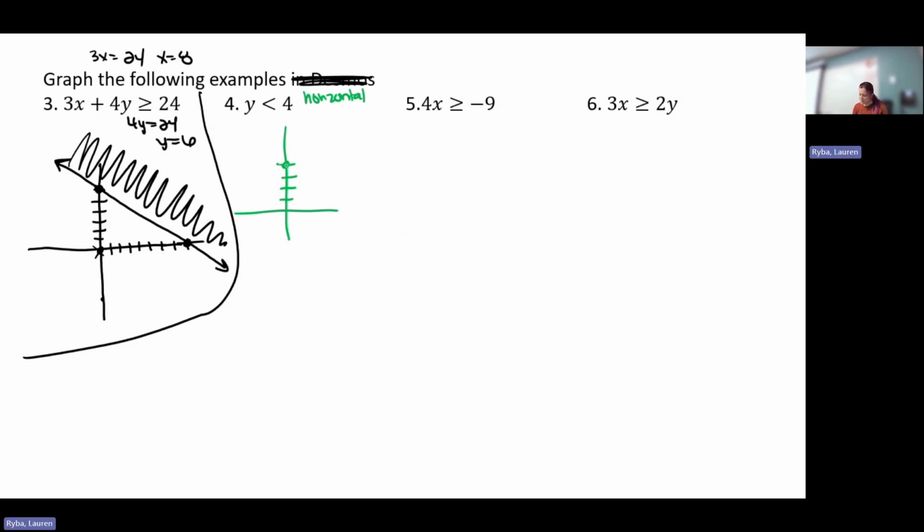And if it must stay 4 and there is no x, there's no slope, then the only option is a horizontal line that I'm going to make dashed because it is a less than. And then if I want values that are smaller than 4, am I going to go above 4 or below 4? Below. So I'm going to shade down there.